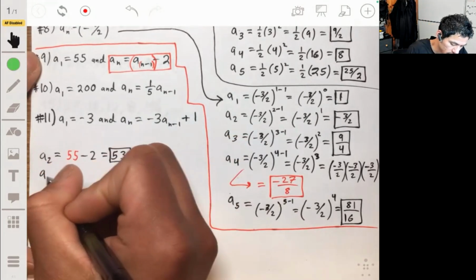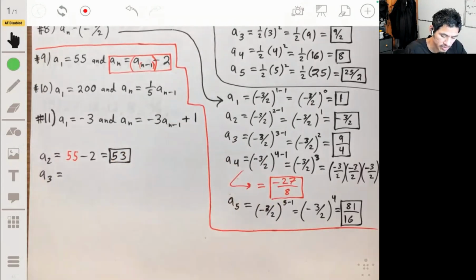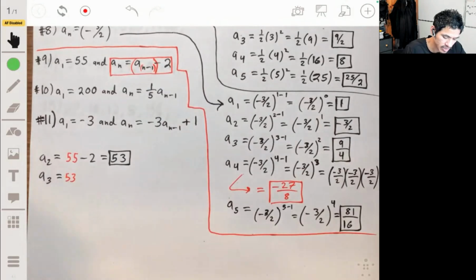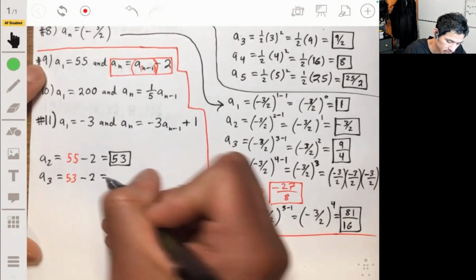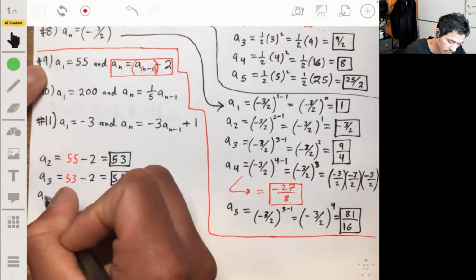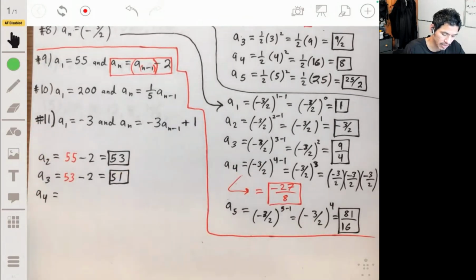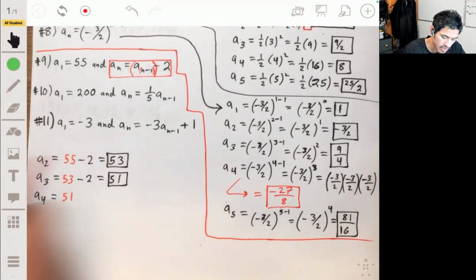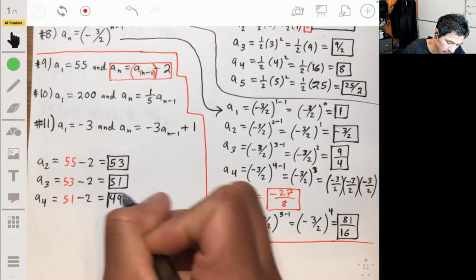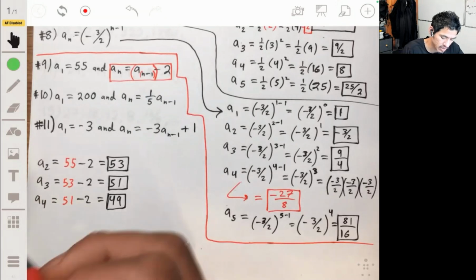To find a3, we put a2 here, which is 53, subtract 2, and we get 51. For A4, we put that 51 here, subtract 2, we get 49, and so forth. So that's the pattern.